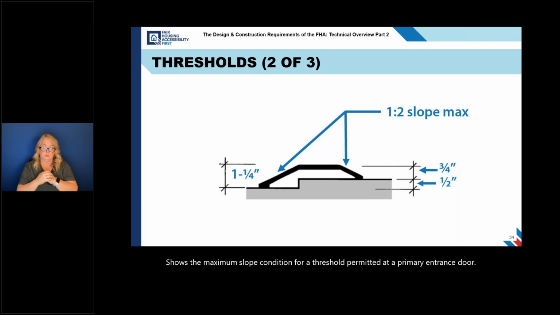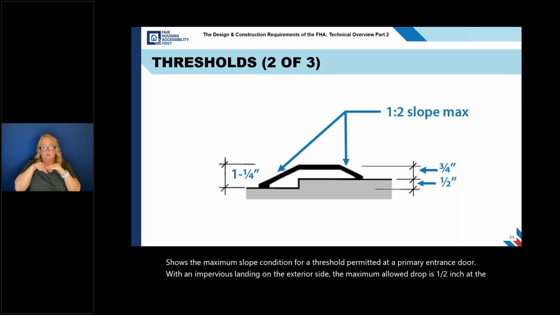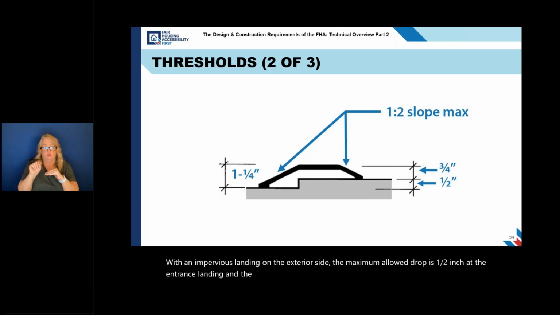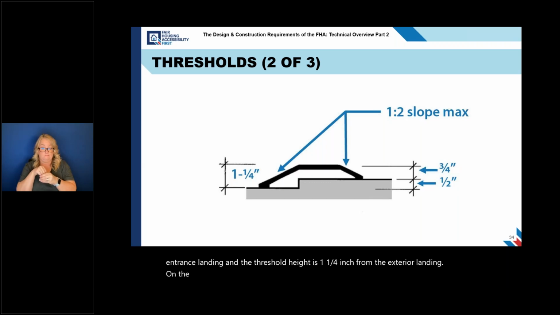With an impervious landing on the exterior side, the maximum allowed drop is a 1/2 inch at the entrance landing, and the threshold height is 1 1/4 inch from the exterior landing. On the interior side, the maximum allowed height of the threshold is 3/4 of an inch above the finished floor.